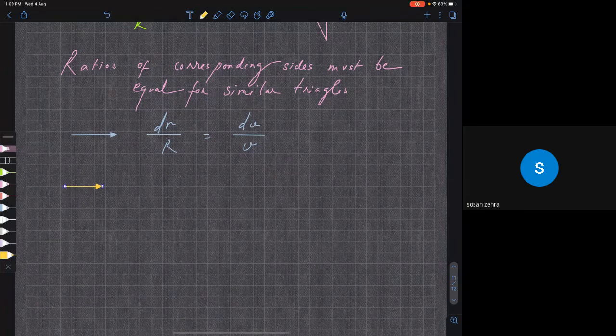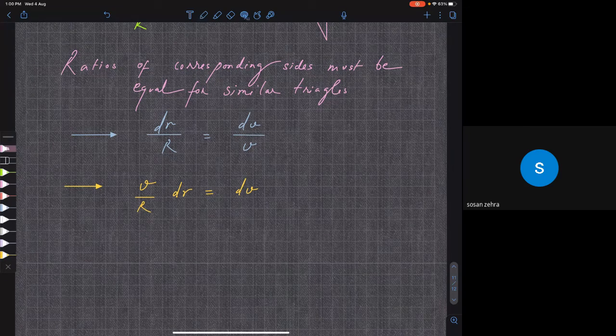What will you get? v by r dr equals dv. Clear?